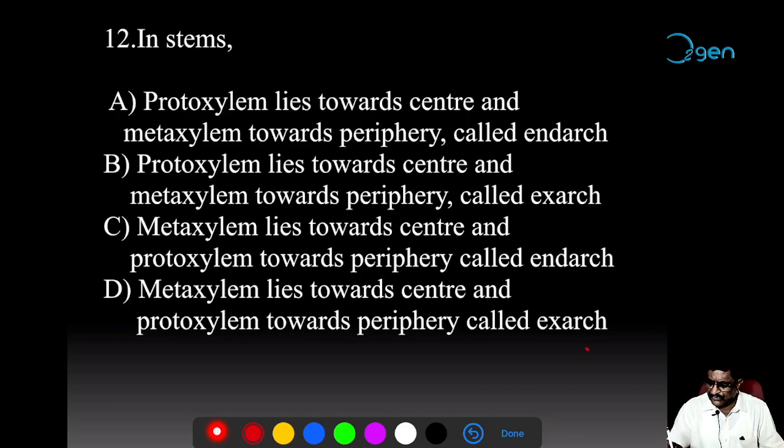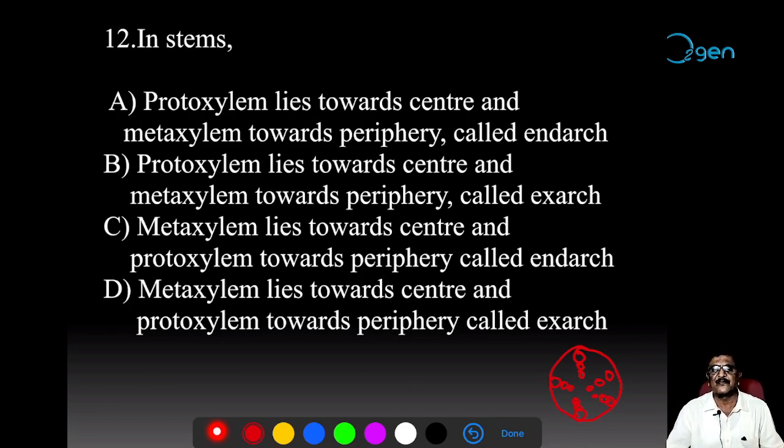In the synopsis you have studied that in the stem, the larger metaxylem is towards the margin and the smaller protoxylem towards the center; such a type is called endarch xylem. The arrangement of xylem is expressed by the location of the protoxylem. So protoxylem lies towards the center, metaxylem towards the periphery. It is called endarch. So statement A itself is correct.